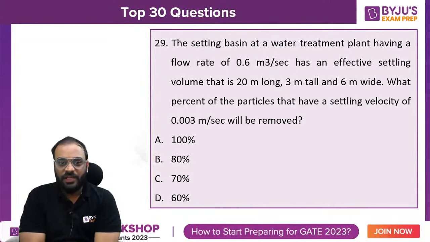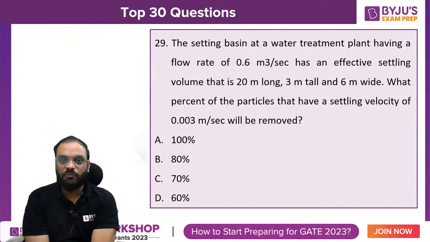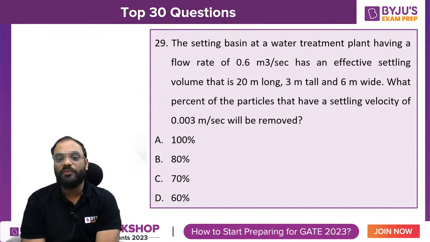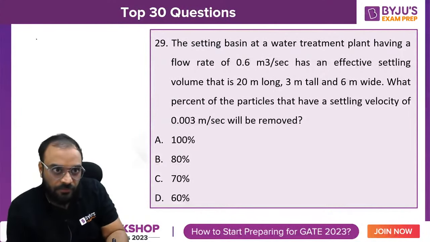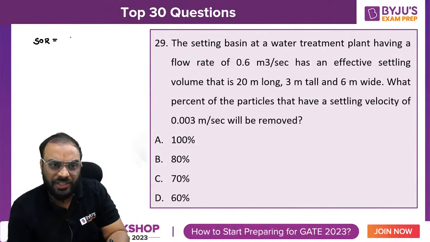After this, we have the last question, right? You need to calculate what percentage of particles that have this settling velocity will be removed. Very simple question. We need to calculate SOR or design settling velocity, which is discharge upon surface area.